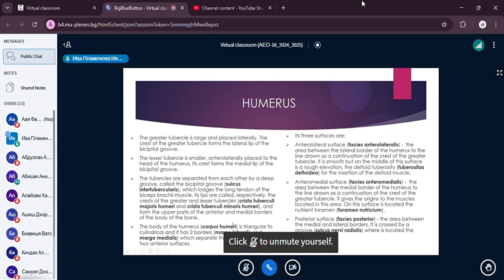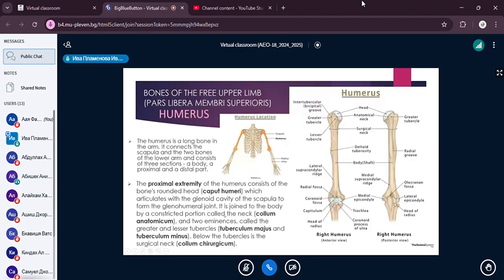This groove has lips, and they are called respectively the crests of the greater and lesser tubercles. So from the greater tubercle starts crista tuberculi majoris humeri, from lesser tubercle starts crista tuberculi minoris humeri, and they form the upper parts of the anterior and medial borders of the body of the bone.